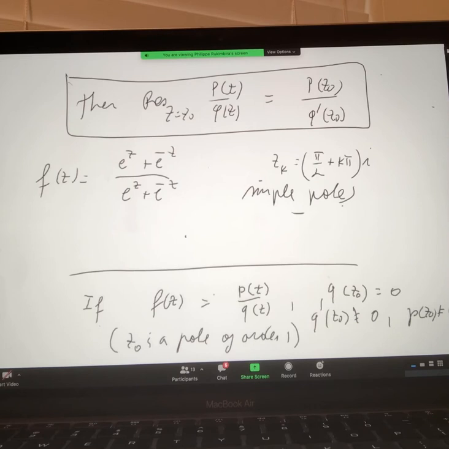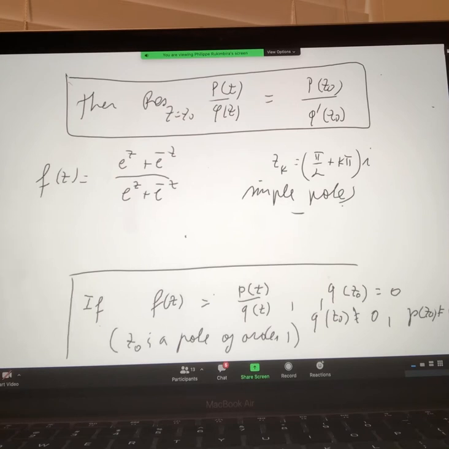But most importantly, the Q is e^z plus e^-z, and the P, the e^z minus e^-z, is our P of z in this new result. Q of z0 is 0, but its derivative is not 0 at those, because they are simple poles. So we are in the conditions of that statement here.